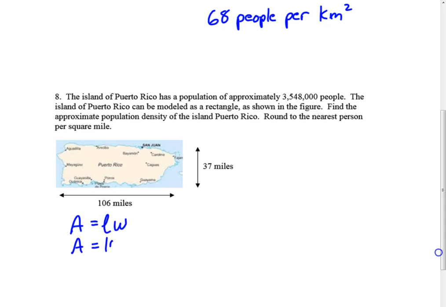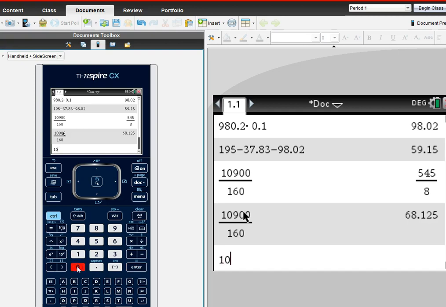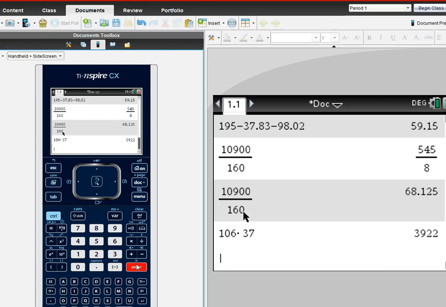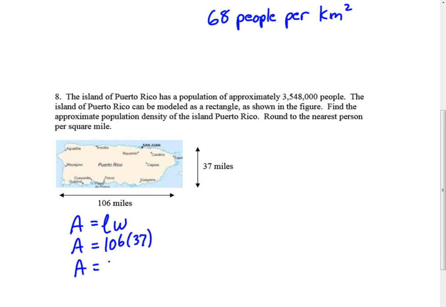So the area would be 106 times 37. Okay, 106 times 37 is 3,922 square miles.